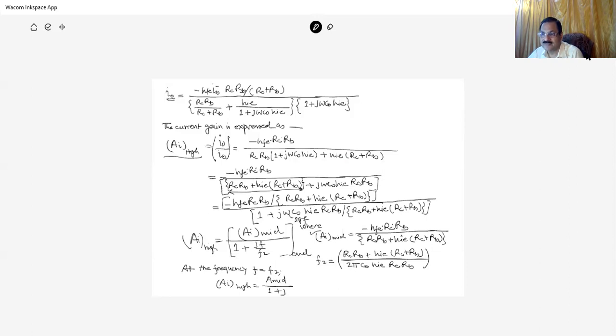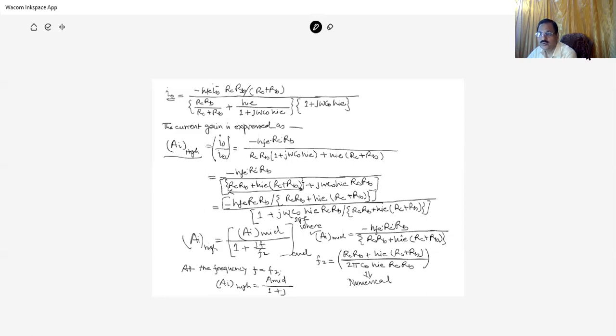This is f2. F2 is equal to 1 upon 2 pi C0 HIE RC RB. This f2 is this much, and it is also used for the numerical part.